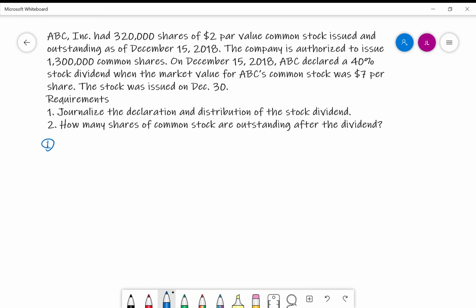So basically we're looking at par value multiplied by the number of outstanding shares, because when we issue a stock dividend, we're basing it on the number of shares that we essentially had, and the value is going to be based on par value.